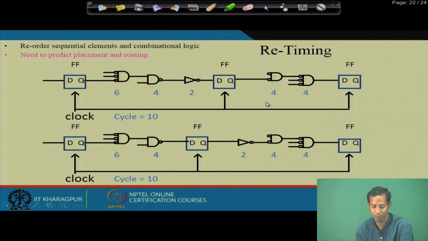Actually, we are doing retiming. Retiming means we have shifted the registers, placed the inverter just after the register, so that it becomes balanced. The critical paths between the registers become balanced.